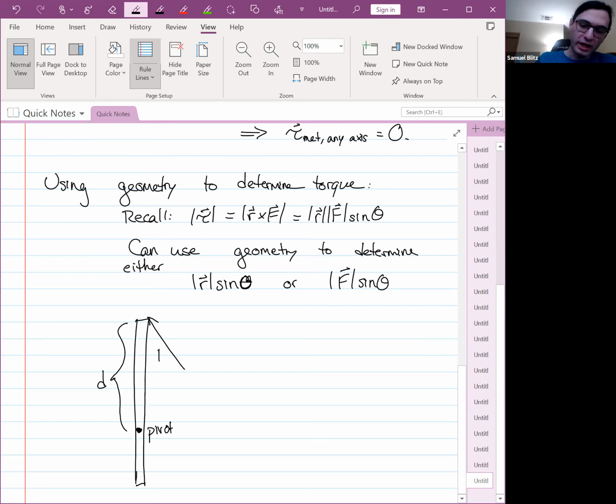And so it's the force vector F. We can break this force vector up into two parts: a part that's parallel to the vector r, and a part that's perpendicular to the vector r. This is F perpendicular, this is F parallel. And so F sine theta is the magnitude of the perpendicular part.